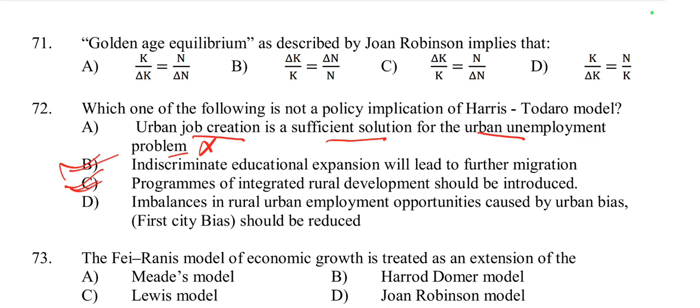So option number 1 is incorrect, because urban job creation alone is not sufficient, as it may not fully address the problem due to continued migration driven by expected higher urban incomes. So here B, C, D are correct, but option A is incorrect.